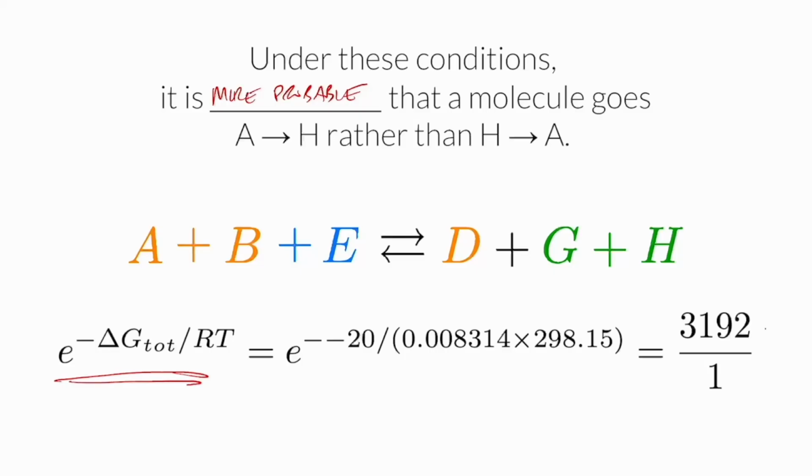It's 3,000 to 1 favoring going from A to H rather than from H to A. Or another way to put it is, for every molecule of H that goes backwards to A, we're going to see 3,000 molecules go forward. So when we say a reaction is thermodynamically favorable, what we're saying is the net flow is going to be A to H rather than H to A.